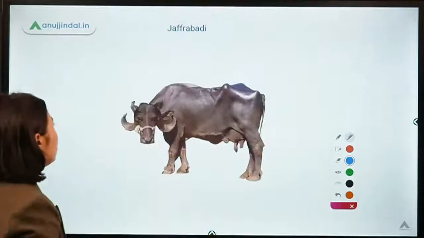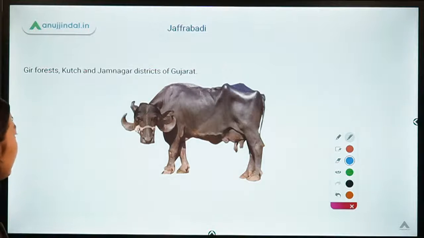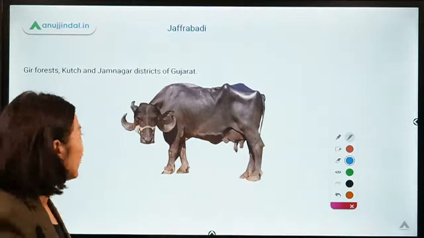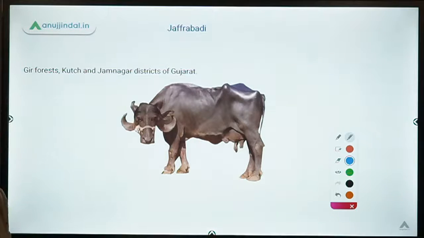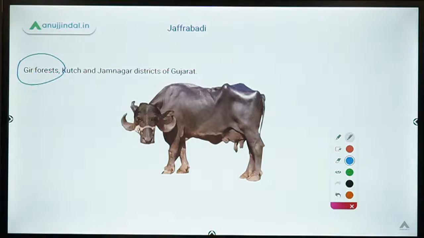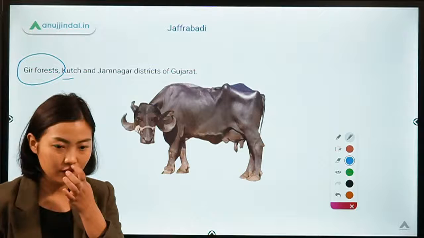And now moving to another breed we have, Jaffarabadi. The Jaffarabadi is a very huge buffalo breed. This is found in and around the Gir forest, and also in the Kutch and Jamnagar districts of Gujarat.